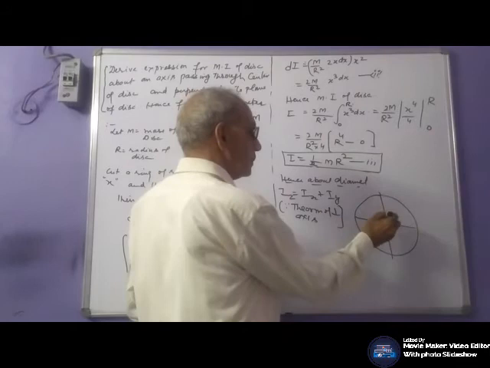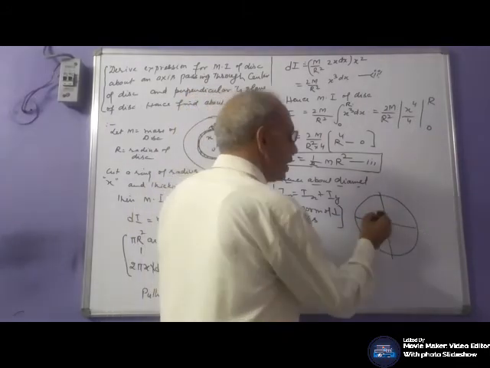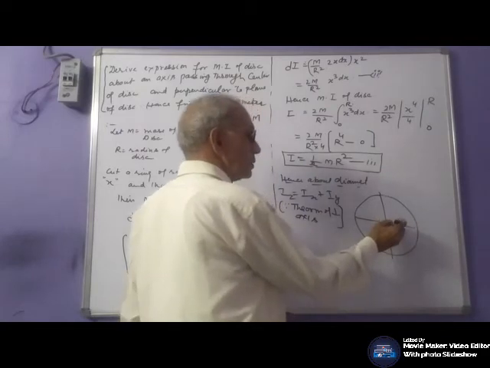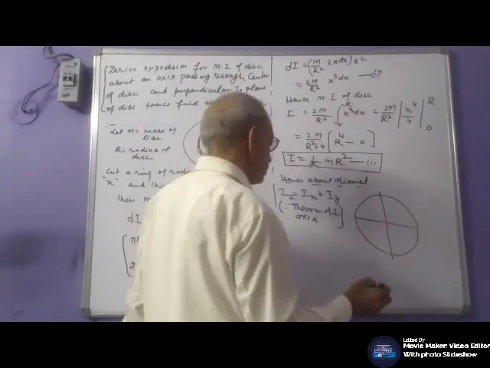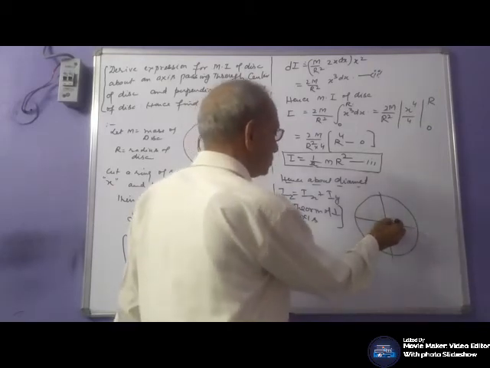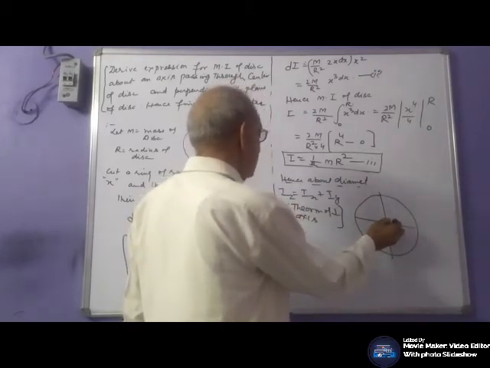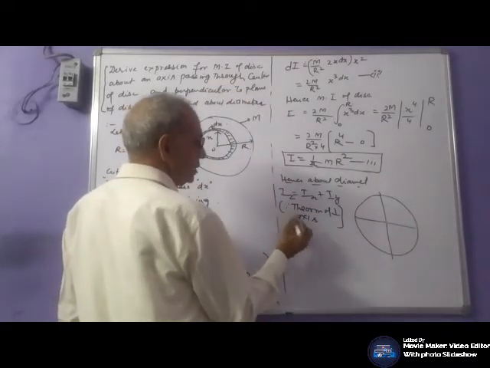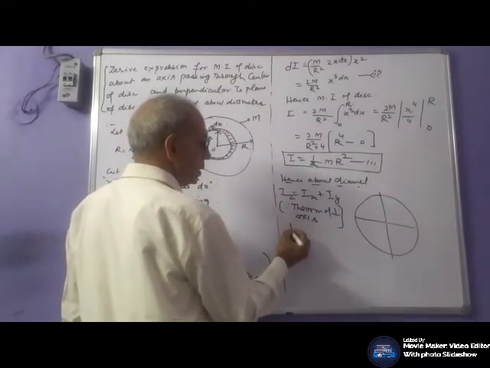This is IZ. Marker is IZ. This diameter is X axis, this diameter is Y, this is marker Z. All are perpendicular to each other. X, Y are perpendicular, Z also perpendicular. So IZ we have calculated.